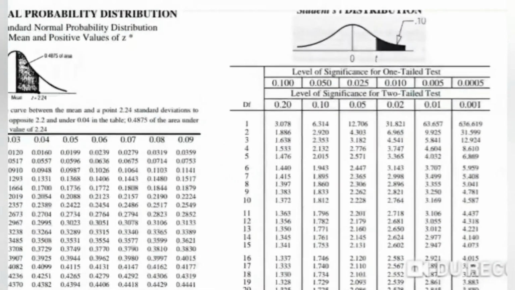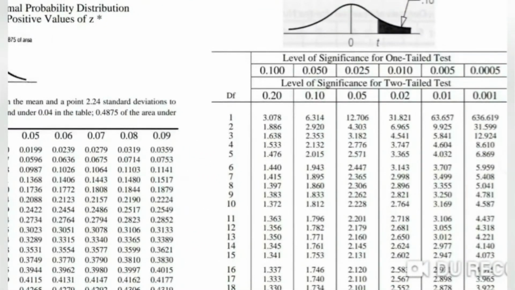Alpha is 0.05, one tail, therefore from the second column, degrees of freedom n minus 2, so 12, row 12, you get 1.782. Right tail test is positive, 1.782. Yeah, you see this.